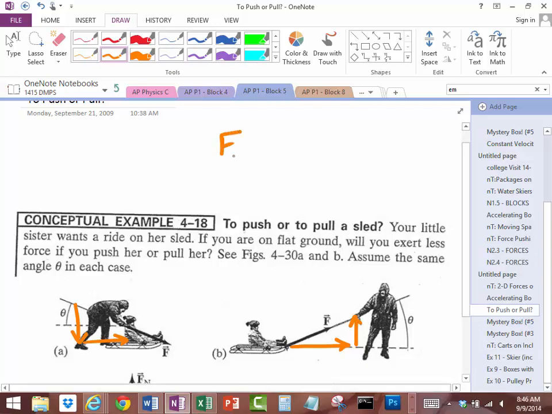So the force of friction depends on the surface and the mass of the object.